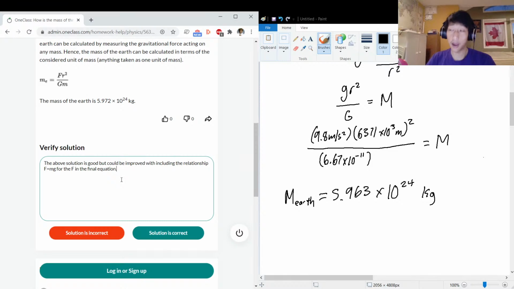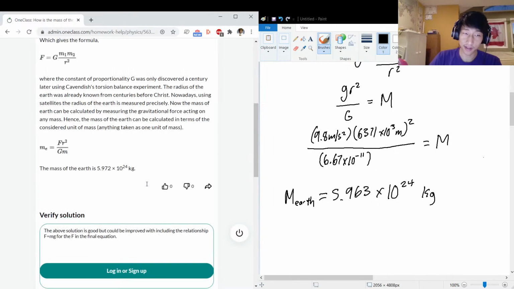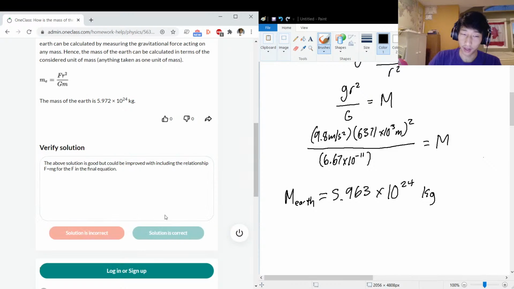Now, would it be easier to just Google the mass of the Earth if you're ever asked that? Yes, but life isn't that easy.